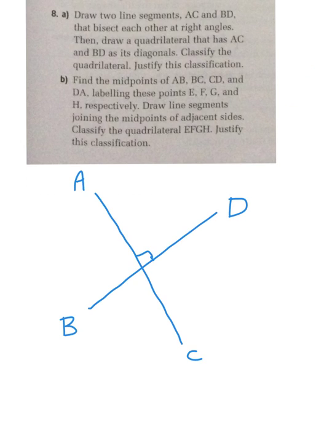Then draw a quadrilateral that has AC and BD as its diagonals. So therefore we're going to join up the outside points like this. There's the quadrilateral there. Like that. Classify the quadrilateral, justify this sum.